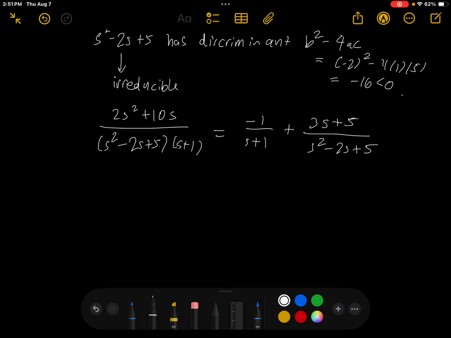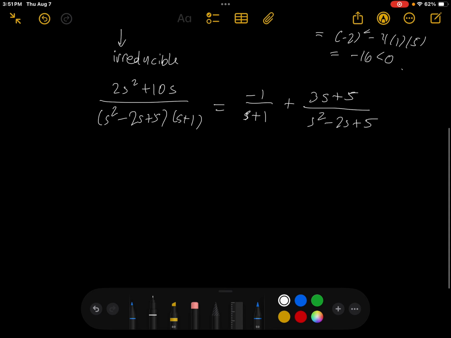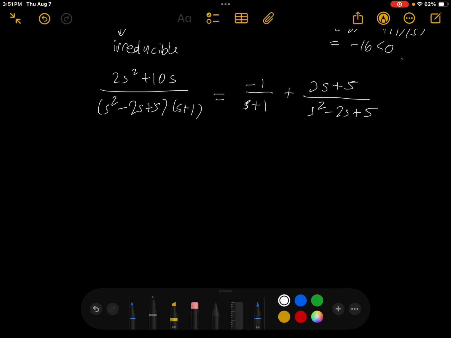Okay. So you have this. Now we need the inverse Laplace transform of this. Well, we know the inverse Laplace transform of that. Remember, when you have a sum, you can find the inverse Laplace transform of each thing. We know the inverse Laplace transform of negative 1 over (s plus 1) is e to the minus t.